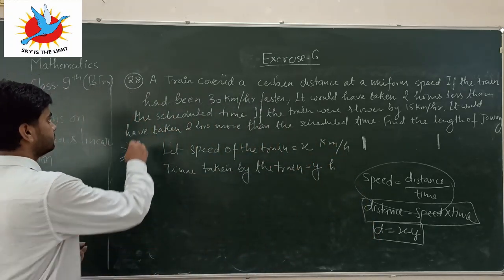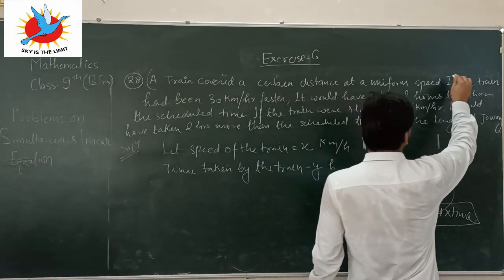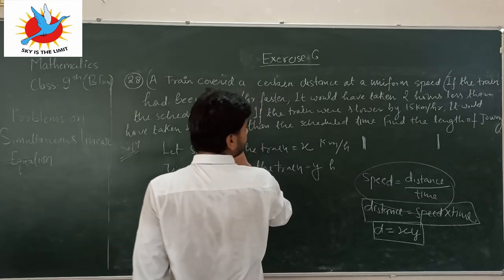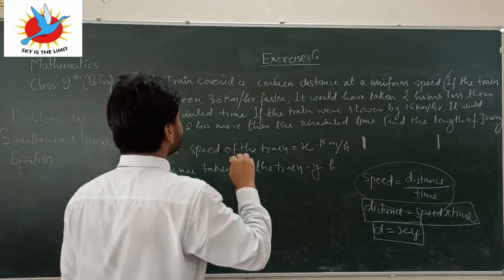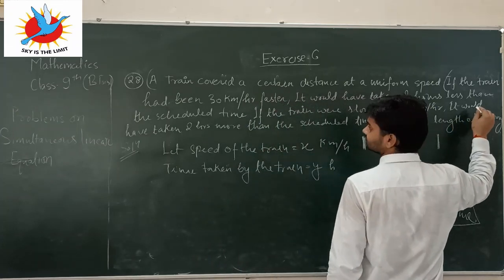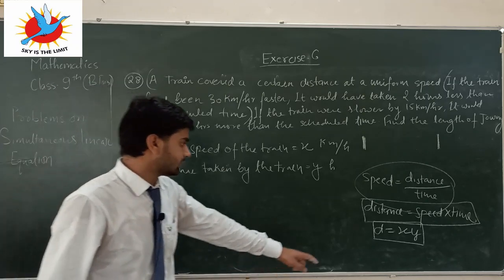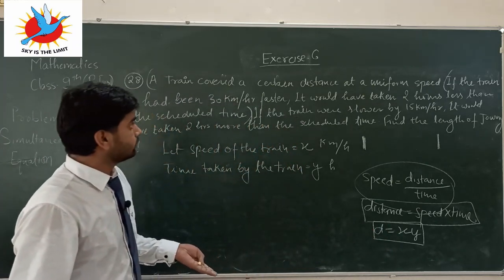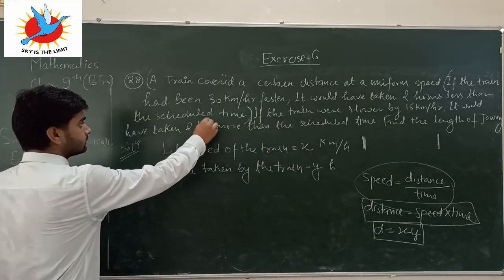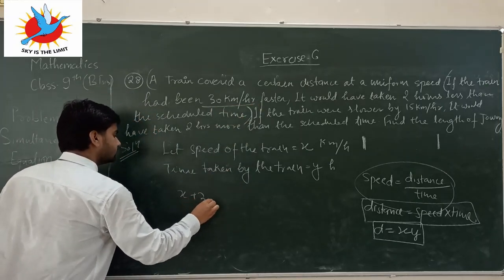Condition 1 starts here: if the train had been 30 km per hour faster, it would have taken 2 hours less than the scheduled time. The speed of the train is x. We increase the speed by 30, so the speed becomes x plus 30.